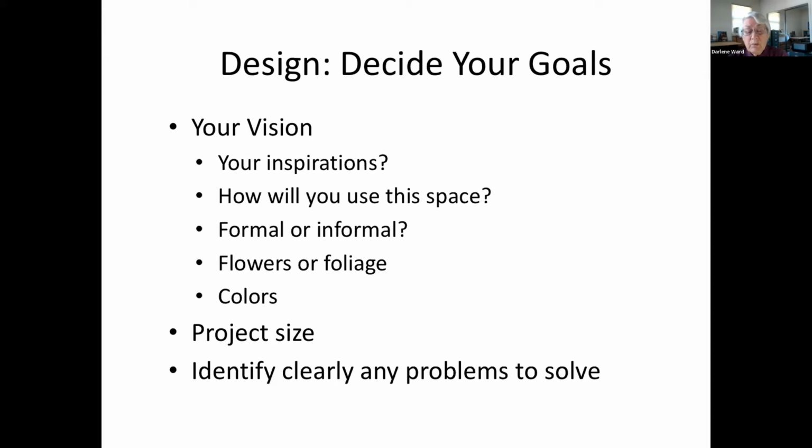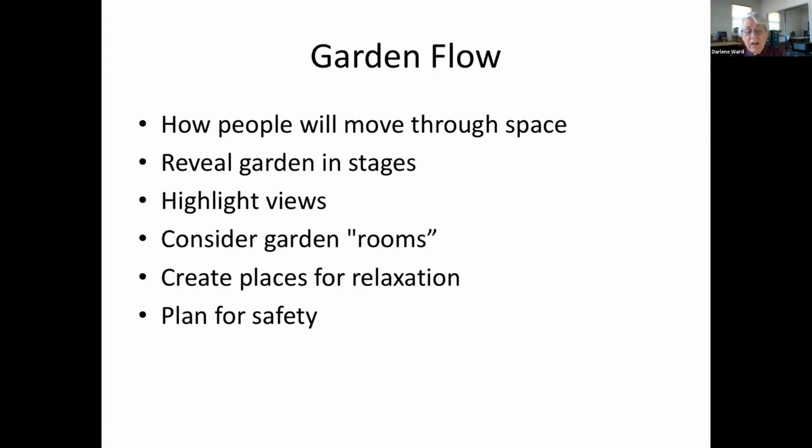What colors do you prefer? And are there any problems that you want to solve? Do you want to screen or accent views, stabilize banks and slopes, maybe prevent erosion, provide defensible space, heal the land, or attract wildlife?